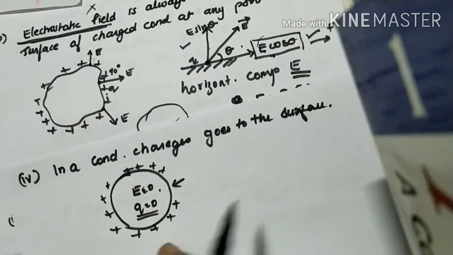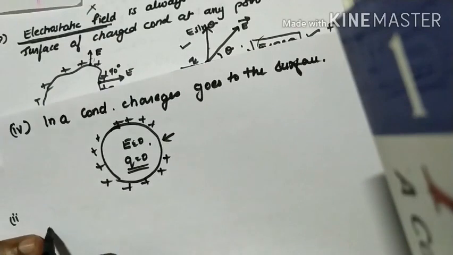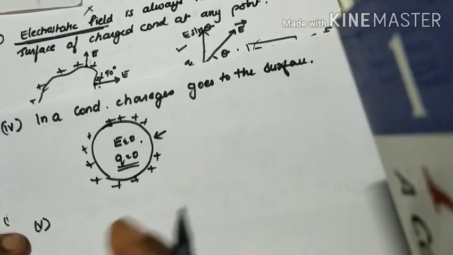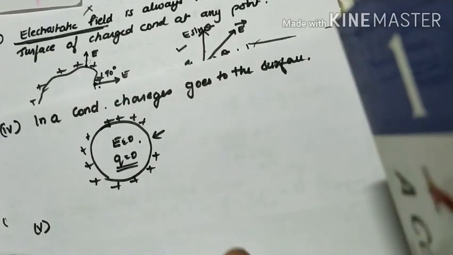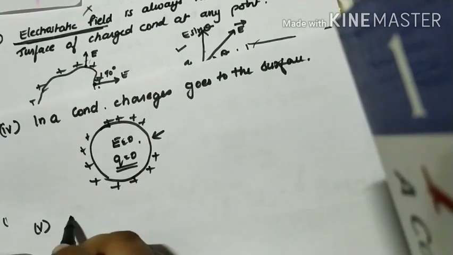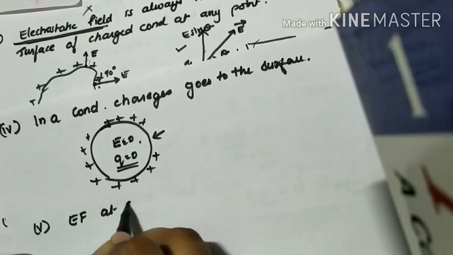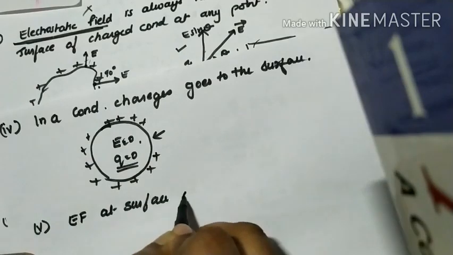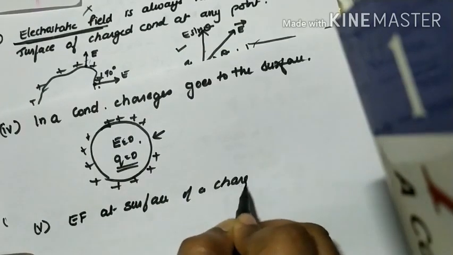Hope it is clear. Now the fifth point is we are going to derive an expression for the electrostatic field at the surface of a charged conductor.